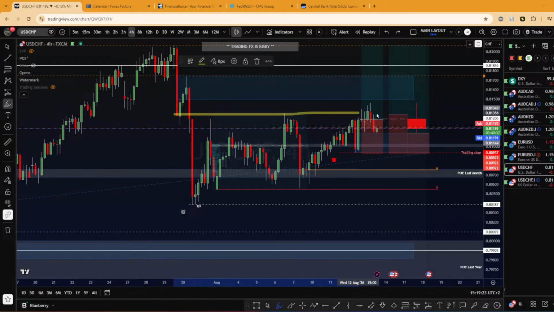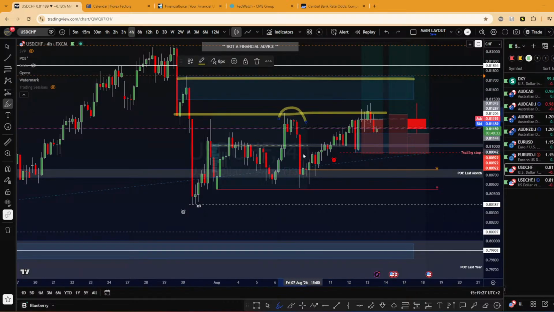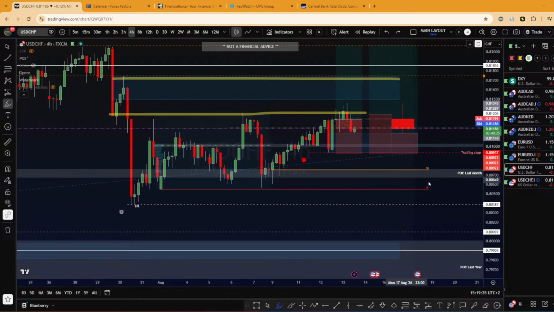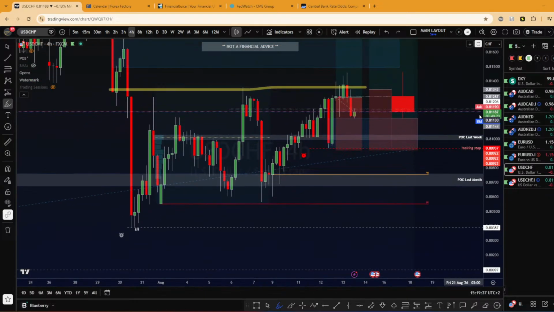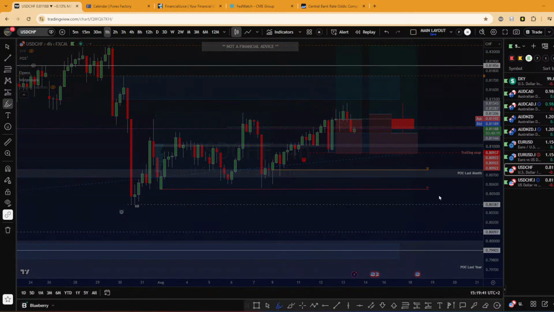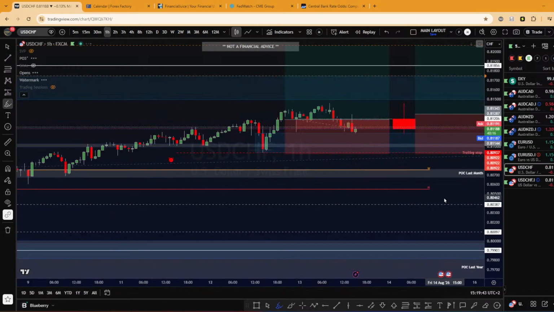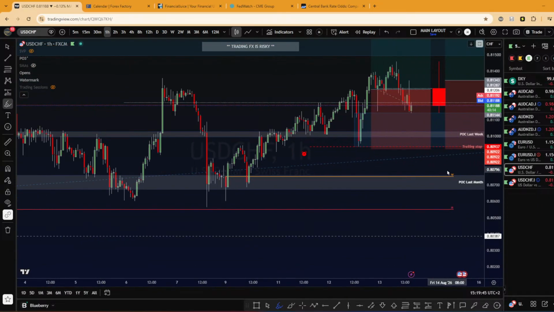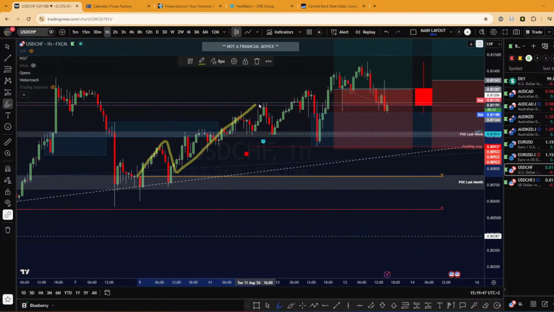So I mentioned these supply zones right there, because after we reject this zone, I wanted to see a break of this low before engaging a short, but because we didn't get that yet, I didn't get in the short. Instead, on the lower time frame, the 1 hour, we continue to have a bullish order flow.